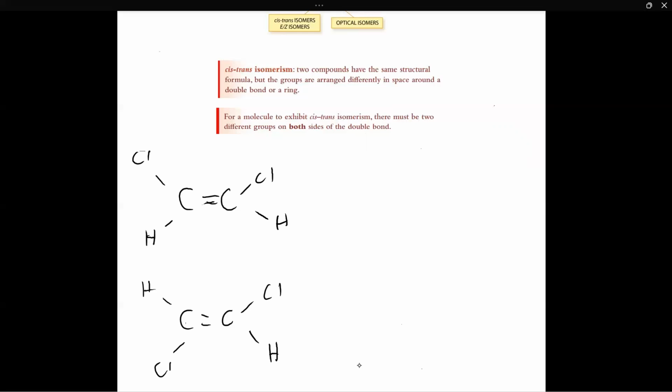Imagine I had this molecule. Now, I do have two different groups on one side. I have chlorine and hydrogen. But do I have two different groups on the other carbon? No, I don't. So how can cis-trans isomerism exist, right?